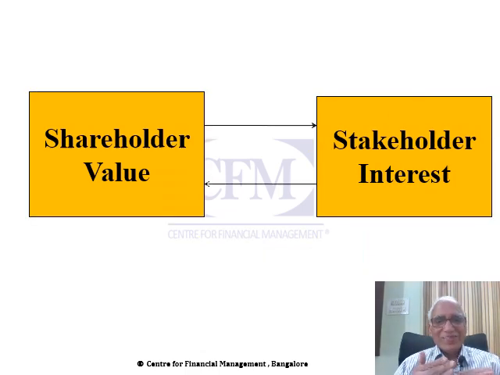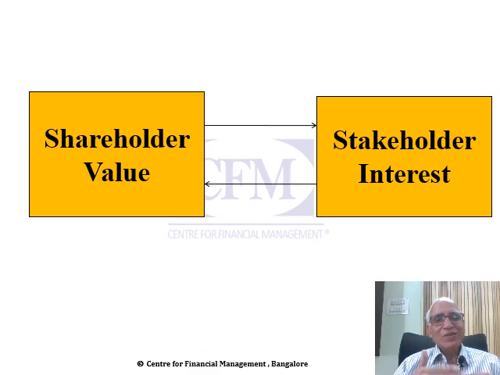One can argue that there is a symbiotic relationship between shareholder value and stakeholder interest. No company can create long-term economic value for its shareholders while hurting the interest of other stakeholders. To create long-term value for shareholders, a company requires sustainable and viable relationship with all stakeholders.